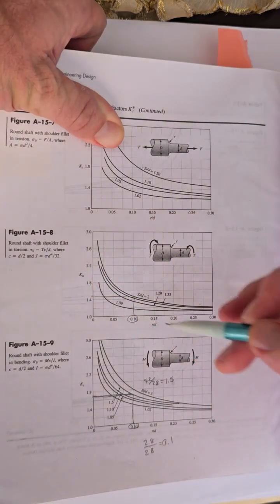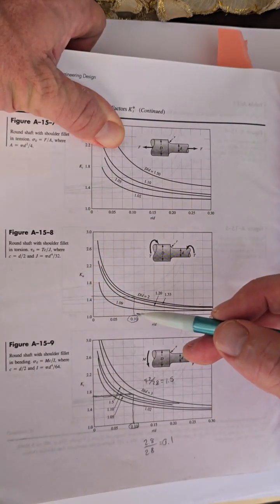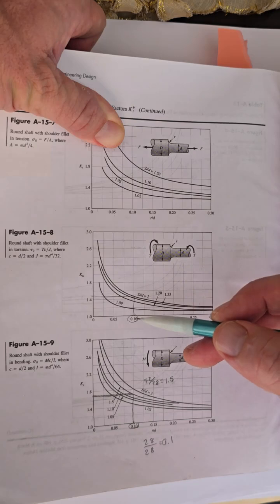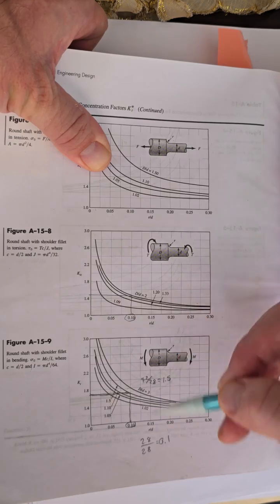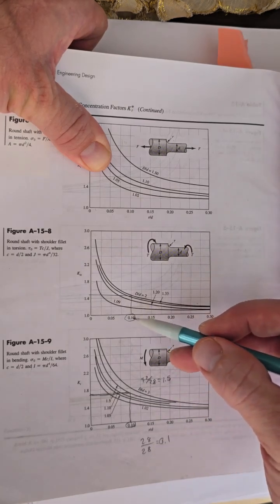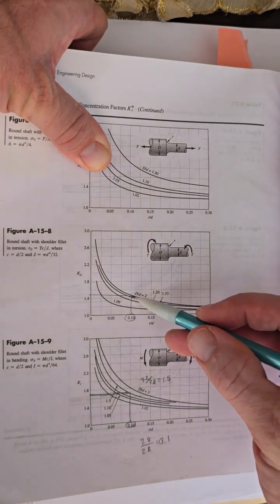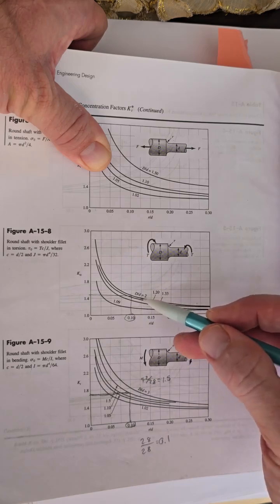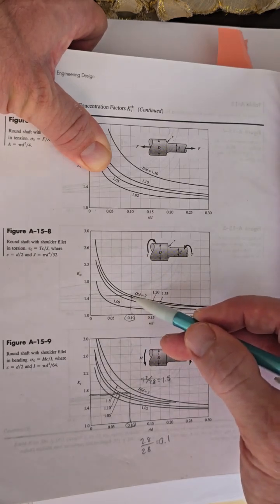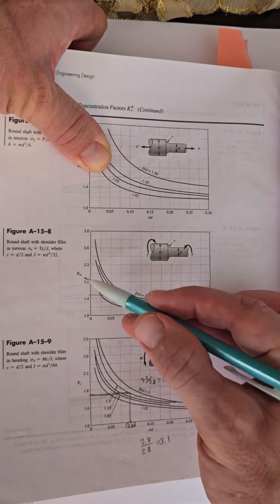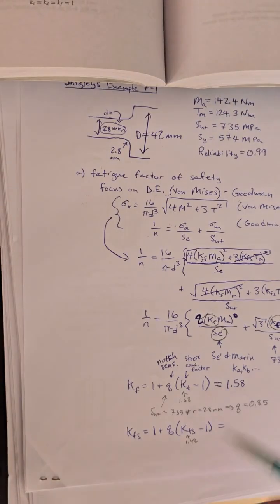This is the shear, so that's Kts, s stands for shear. Our r over d ratio is still 0.1. We go up to between D over d of 2 and 1.33, should be 1.5, somewhere in there, and we come across to read our Kts off of here, and it is read as 1.42.